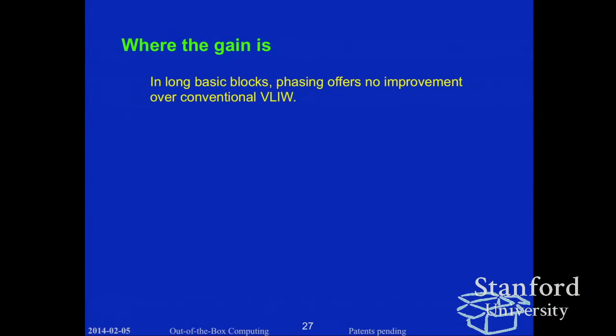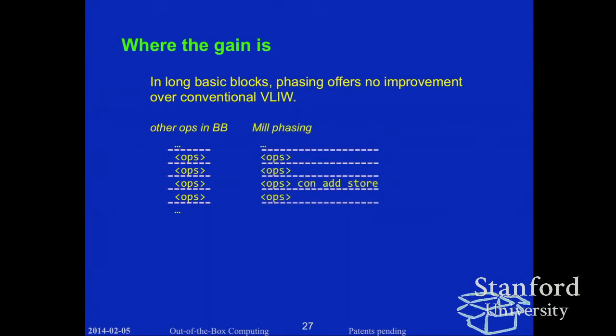If what you have is a very long basic block and you're concerned about operations in the middle of the basic block, the Mill's phasing offers no advantage over a conventional VLIW. Why? Assume that we're in the middle of a basic block and it's got some number of operations. With Mill phasing, we would encode it this way.